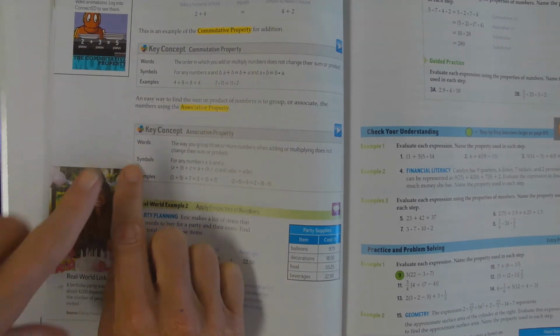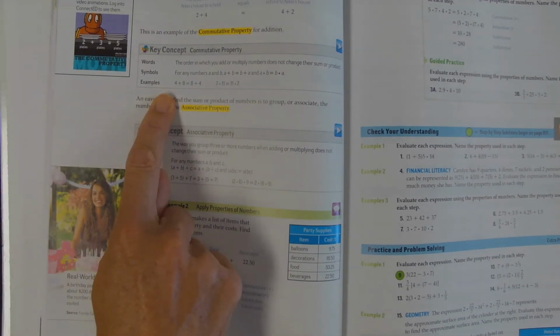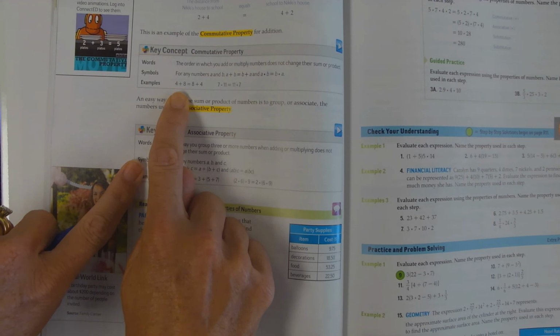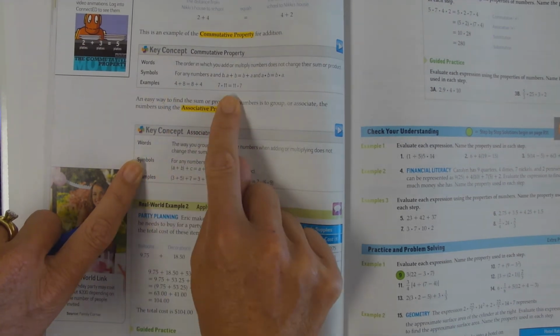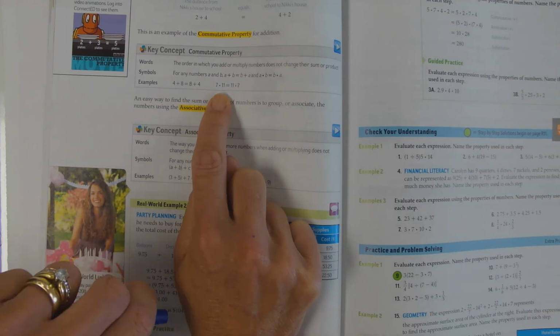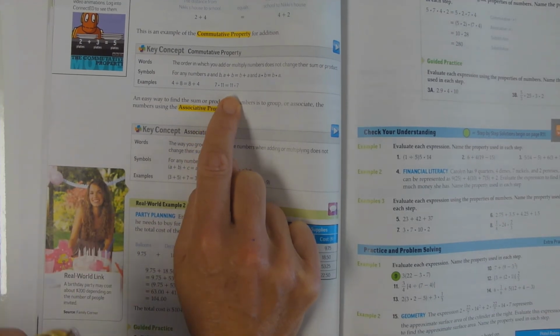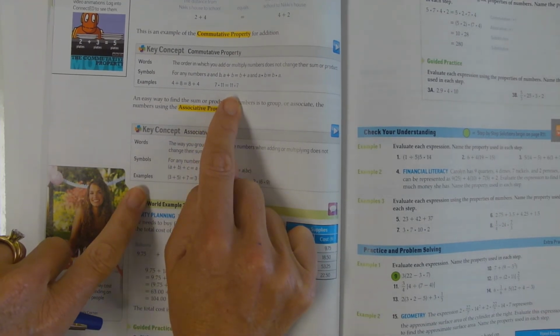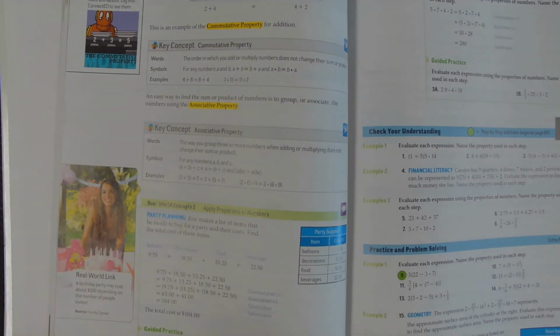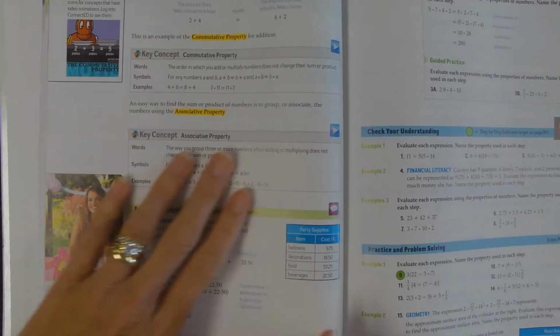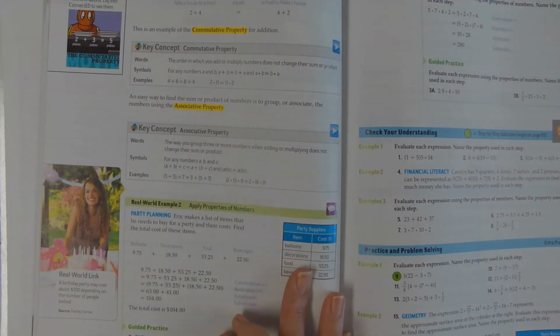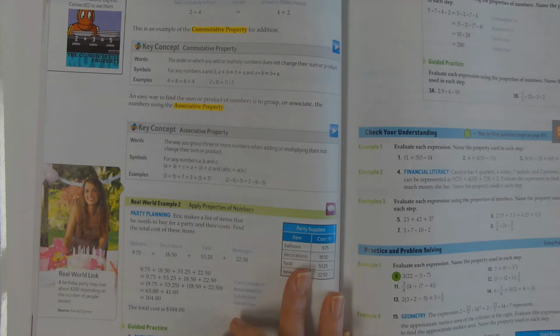A quick review. I like to show them by examples. 4 plus 8 equals 8 plus 4. Also applies to multiplication. 7 times 11 equals 11 times 7. This is common sense, but you might be given a math problem that says, what property is this? And you will need to say commutative. Remember, I'm not quizzing you on this right now, but I am going to go over it very briefly.